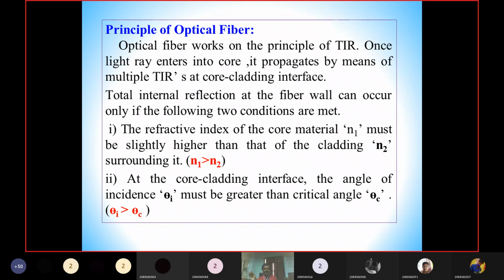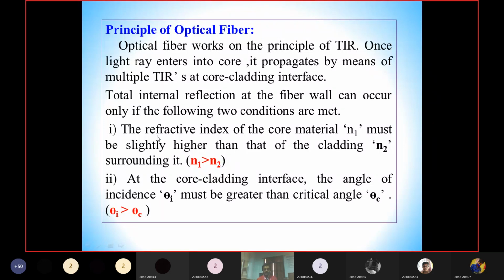There are certain conditions for total internal reflection. If these conditions are followed, then only total internal reflection takes place; otherwise it does not. What are those conditions?